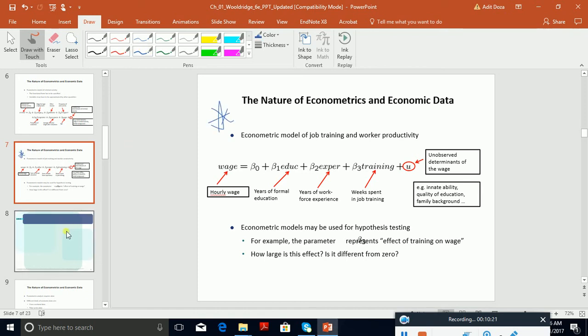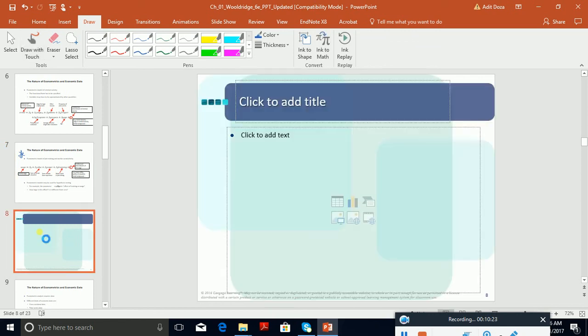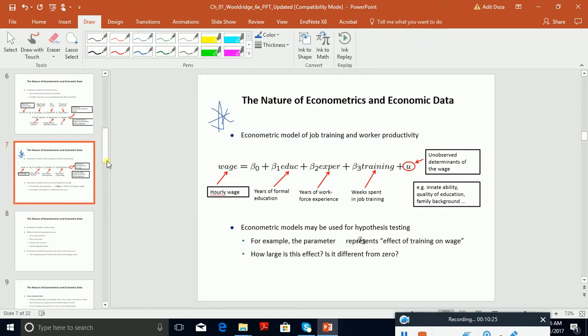On slide 7, if you look carefully, you should know what is the dependent variable, what is the independent variable, and what u means. U means the unobserved determinants, the factors that are not captured in the model.